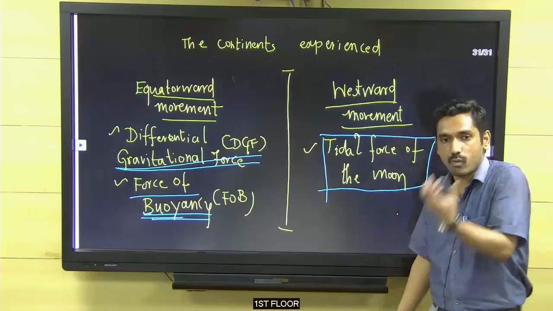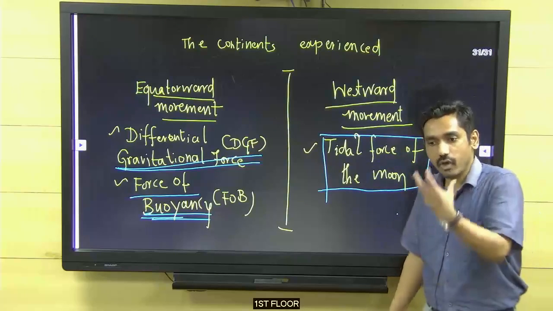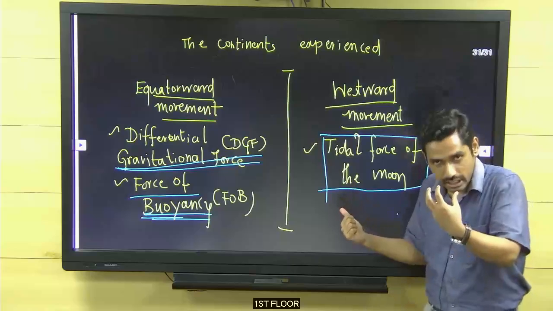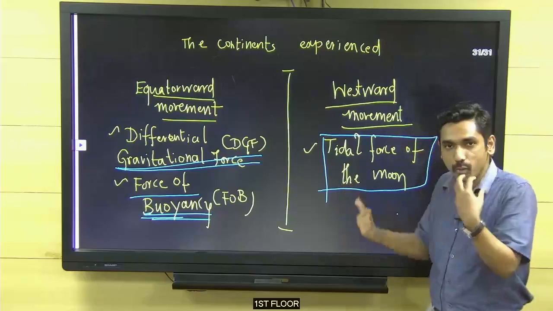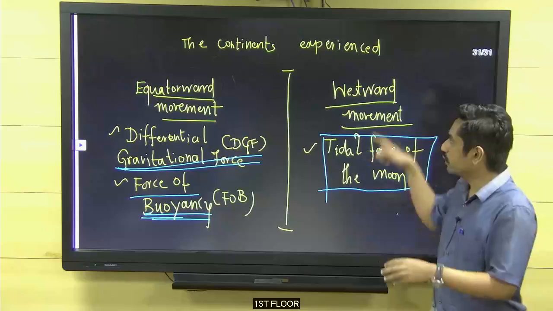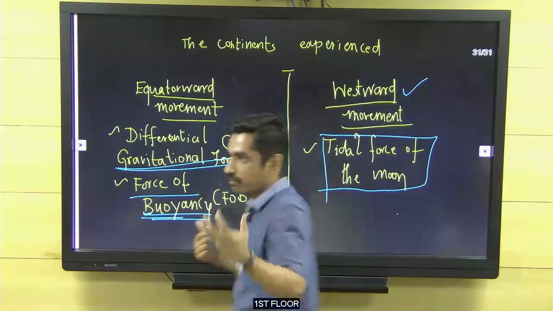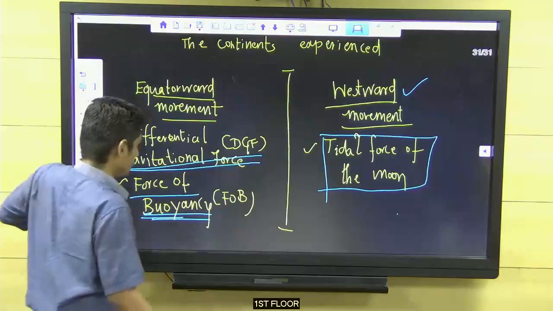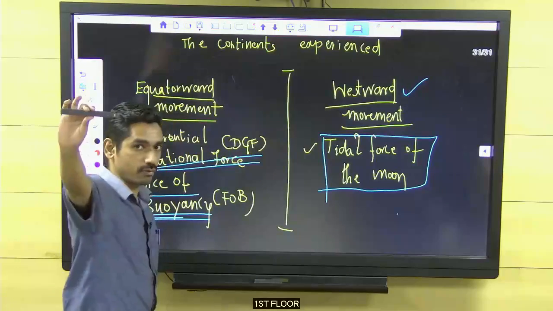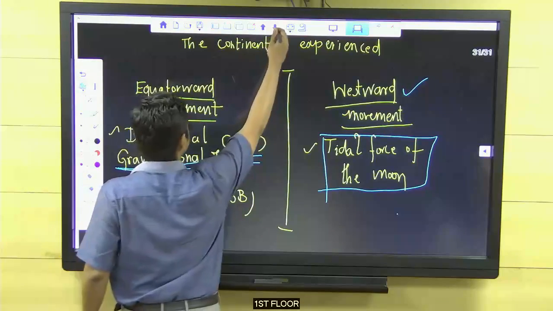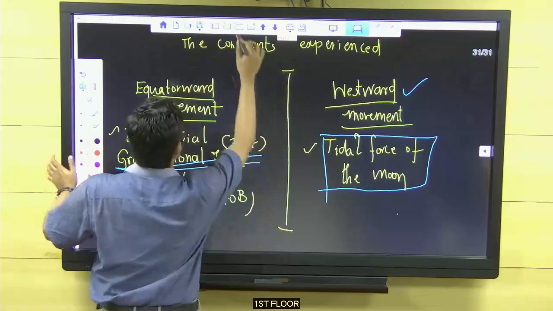So we are considering the moon as a celestial object, but we also say that the moon has the potential to influence the earth. So we are talking about the moon's gravitational force trying to influence certain parts of the earth to move westward. So this is about the moon's gravity. Is it clear? So we'll go one by one how the continents are evolving. Ready? Yeah.